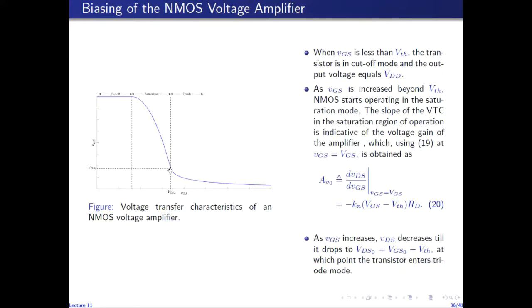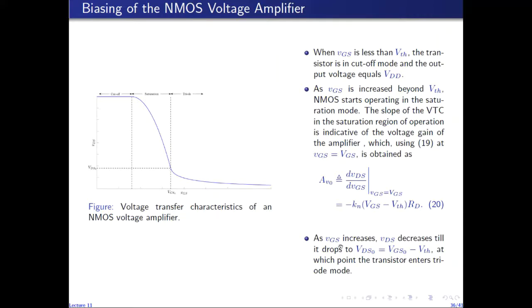If we denote the gate to source voltage by capital VGS naught, then the drain to source voltage, labeled capital VDS naught, is equal to the overdrive voltage corresponding to capital VGS naught.